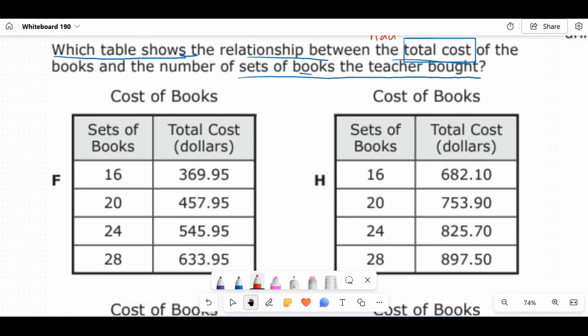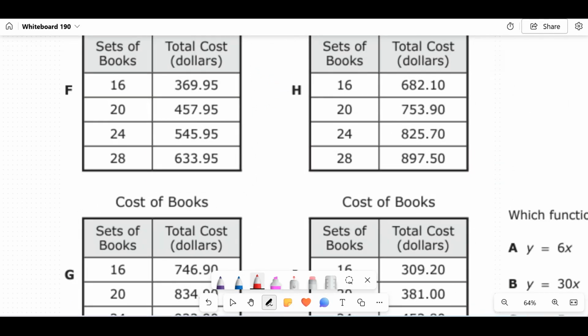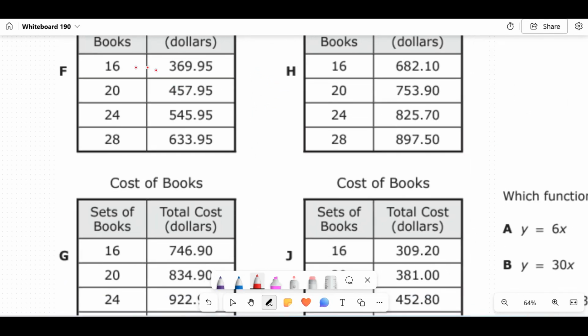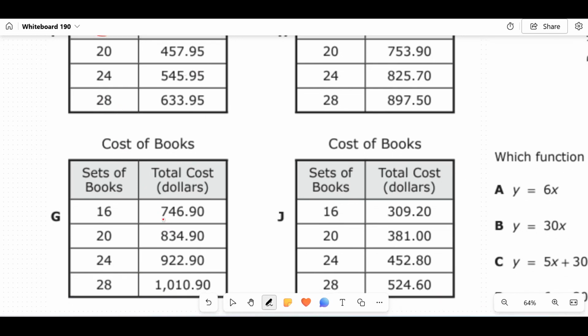So when we look at our answer choices down here, we notice some things that are similar going through it. Each and every problem starts off with 16, 20, 24, 28 books. And the difference is the amount of total dollars.